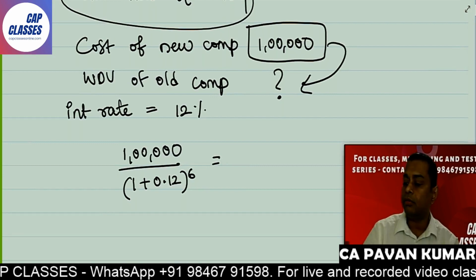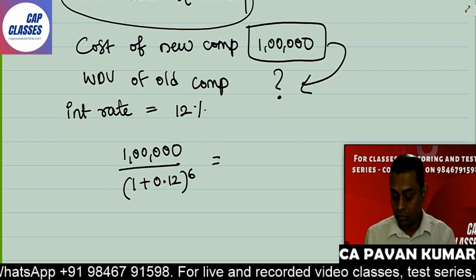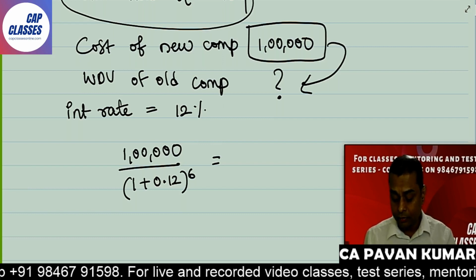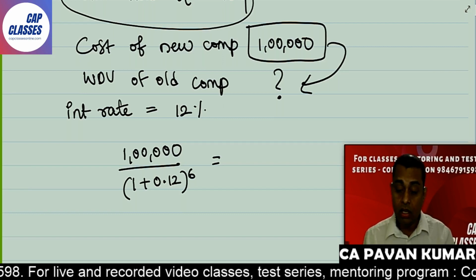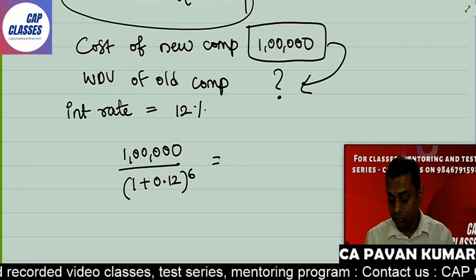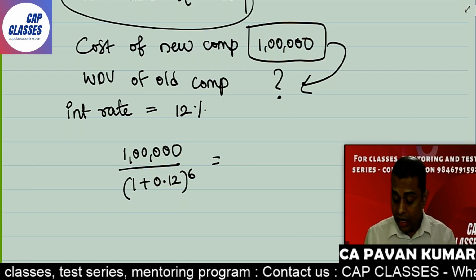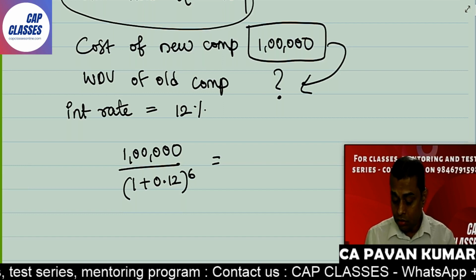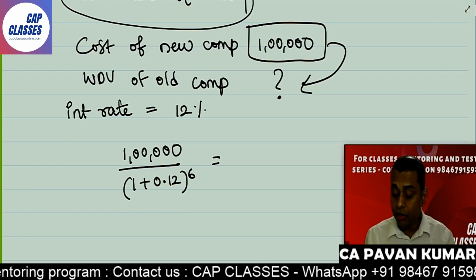Now you calculate. Take calculator. 1 lakh divided by 1.12. You got 89,000. Again divided by 1.12. Again divided by 1.12. Again divided by 1.12.